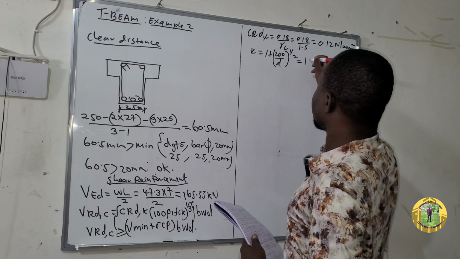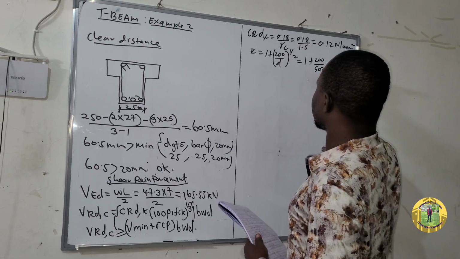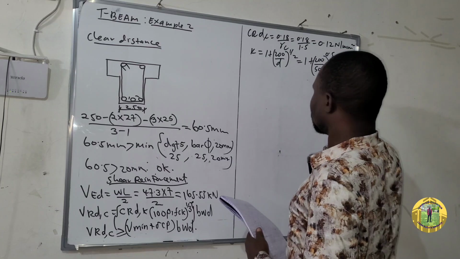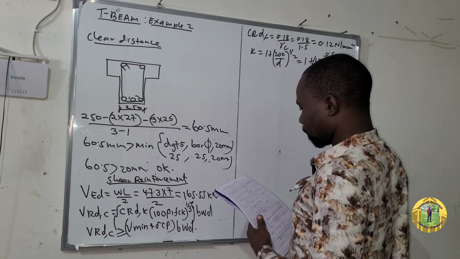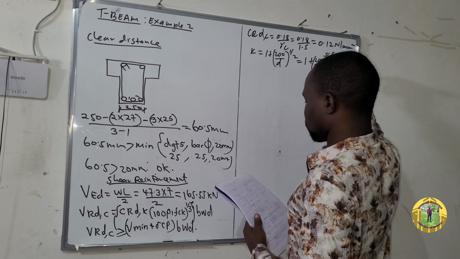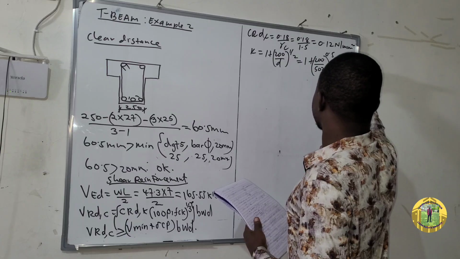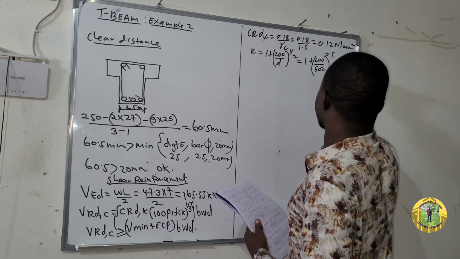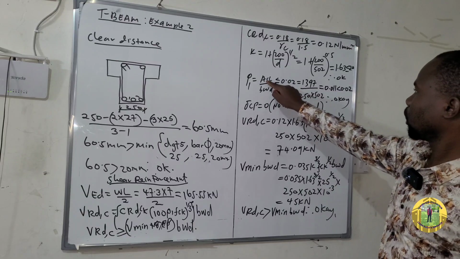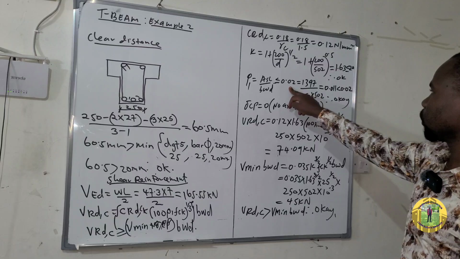So this one is equal to 1 plus 200 all over 502 raised power 0.5, which is equal to 1.63, and it must be less than or equal to 2.0, therefore K is okay. Then rho L, which is the reinforcement ratio ASL over BWD, must be less than 0.02.